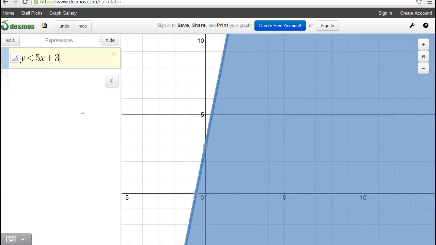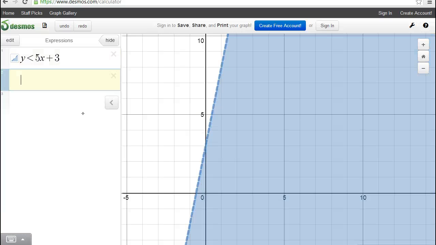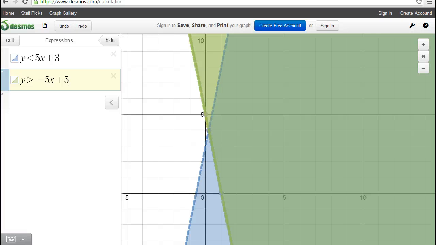There's our first inequality, right? Let's graph the other one, see where they overlap. What's the second one? Y is greater than negative 5x plus 5. Oh, let's write this in slope-intercept form. Y is greater than negative 5x plus 5. You see where they overlap? Yeah, that's the region where they overlap, right?